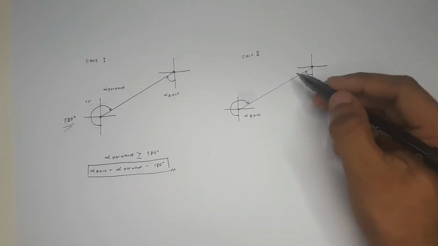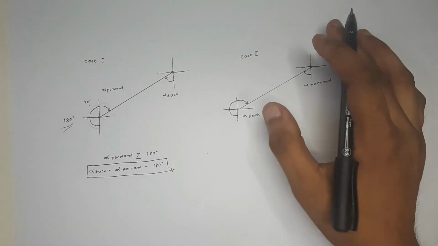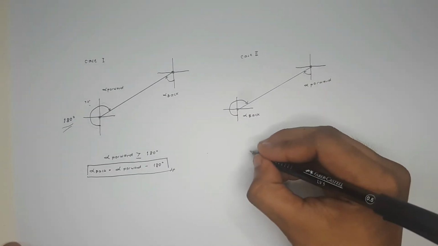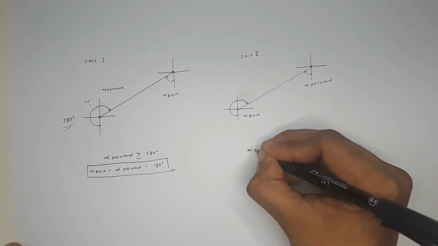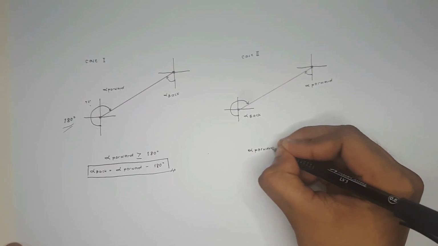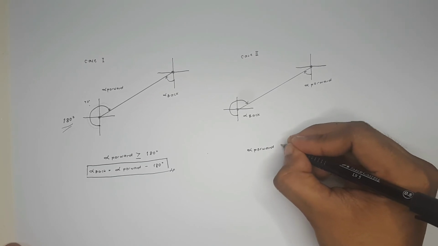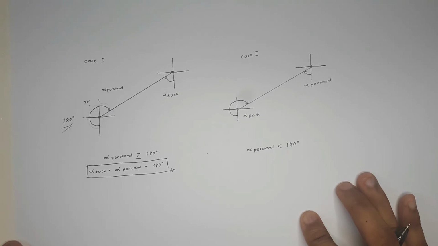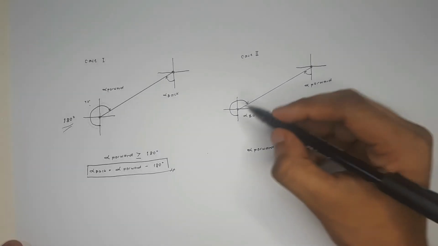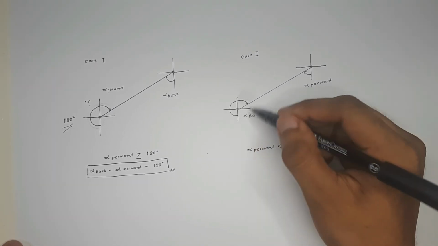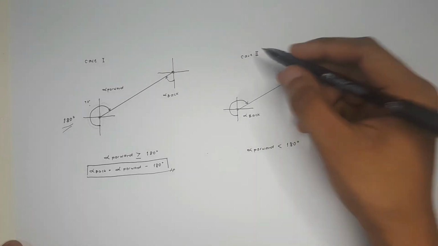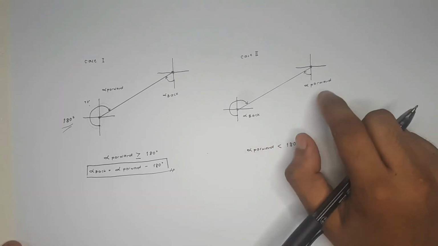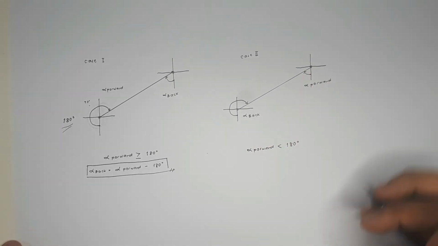And for this illustration, it falls under our rule number 2, where forward azimuth is less than 180 degrees. So in order to get our back azimuth in our case 2, we need to add 180 degrees to our forward azimuth.